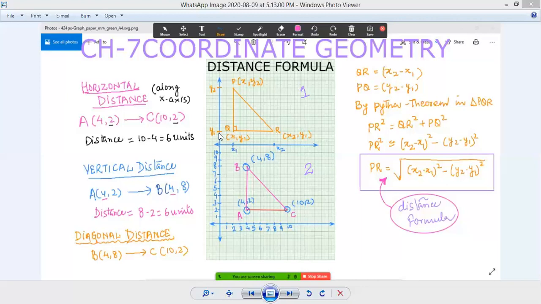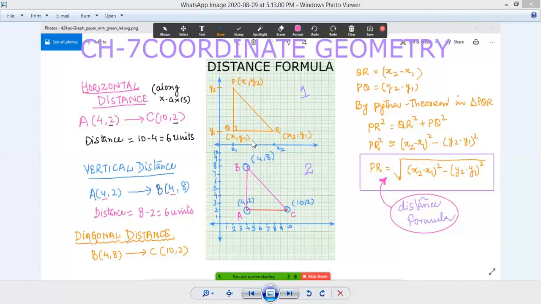If this is x1 and this is y1, then the coordinates of Q are x1, y1. And if I want you to write down the coordinates of R, you will say they are x2 and y1. And if I ask you to write down the coordinates of P, you will say this is x1 and y2.